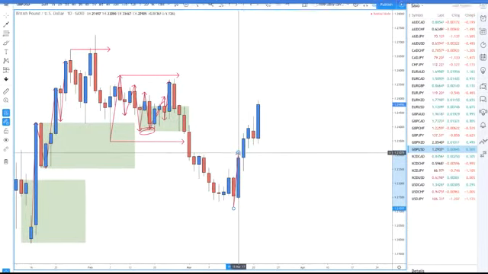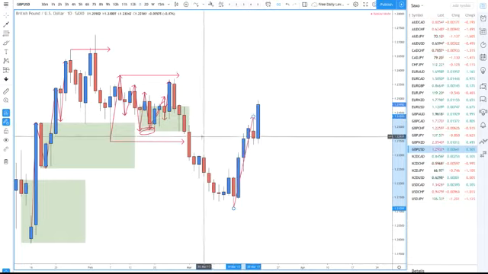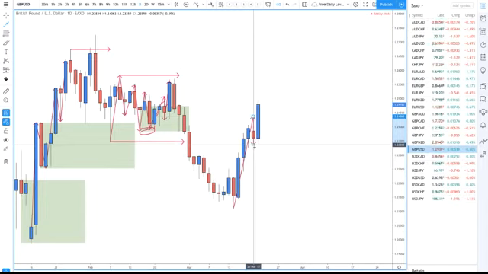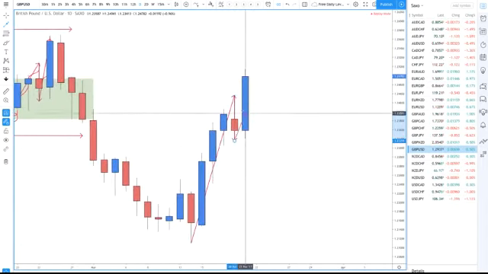There we go. Higher high, higher low. So we get a spike up, move down, and then we get a move to the upside.